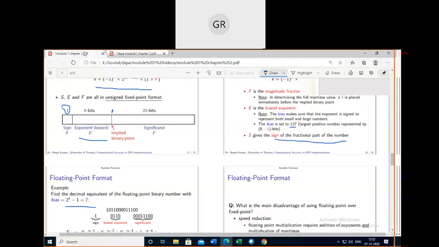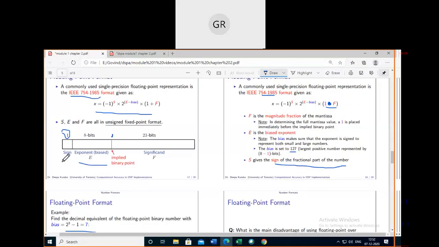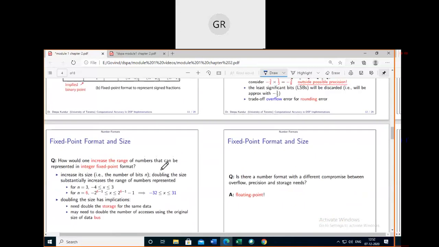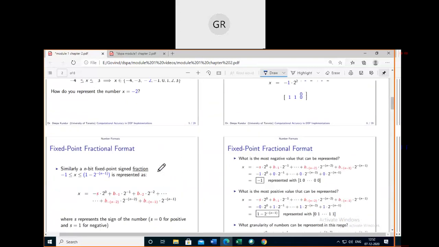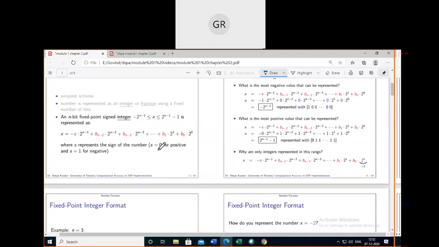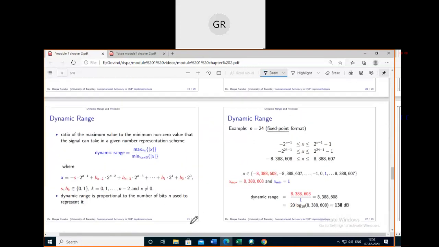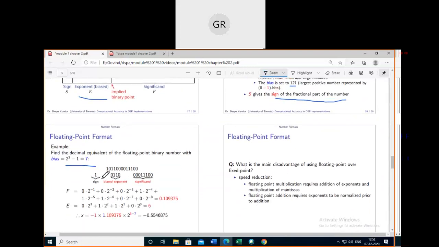If the sign bit is 1, which value is it, positive or negative? If it is 1, it's a negative value. So s is equal to 1.